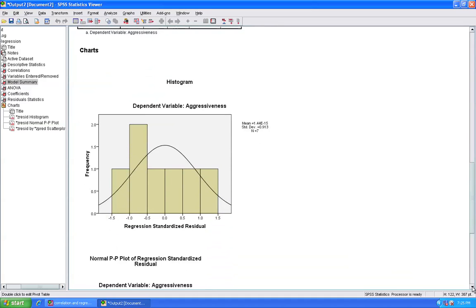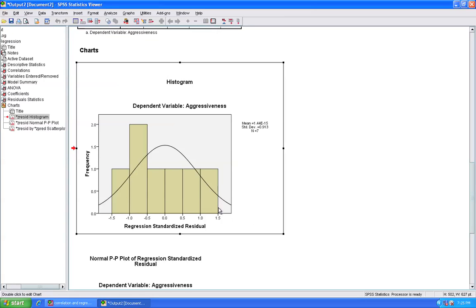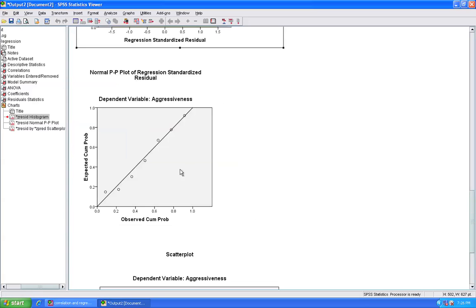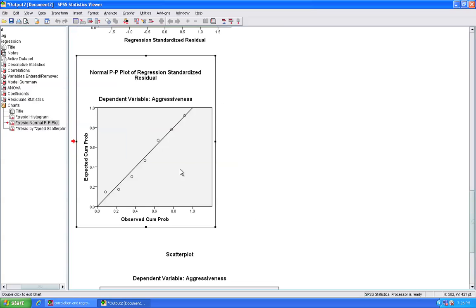First, I need to look to see if there's evidence that the residuals are normally distributed. Looking at this particular histogram, it doesn't appear that the residuals follow a direct normal distribution. I am going to also consider the normal probability plot. And in this plot, what I'm looking for is the data to fall right along the line that is plotted.